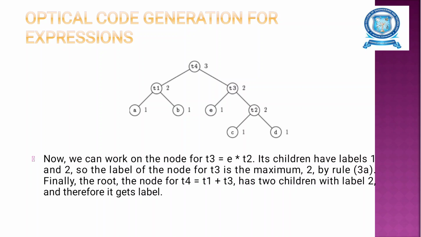For example, the node for T3 = e * T2 has children with labels 1 and 2. Here the child labels are not the same, there is a difference. So the label of T3 is the maximum label, which is 2, and the parent node also gets 2.